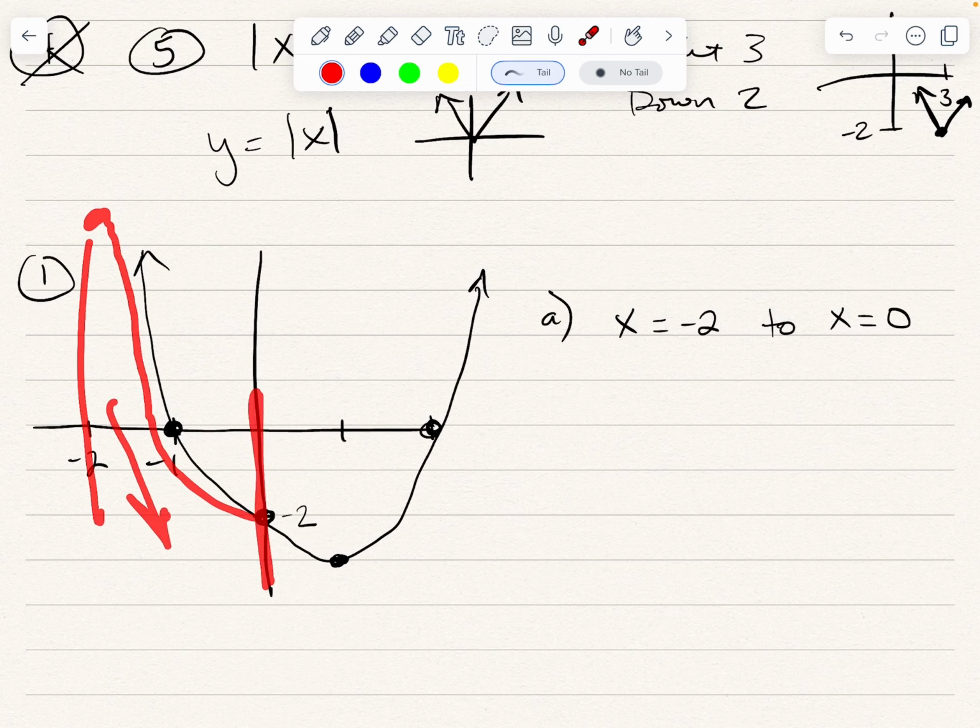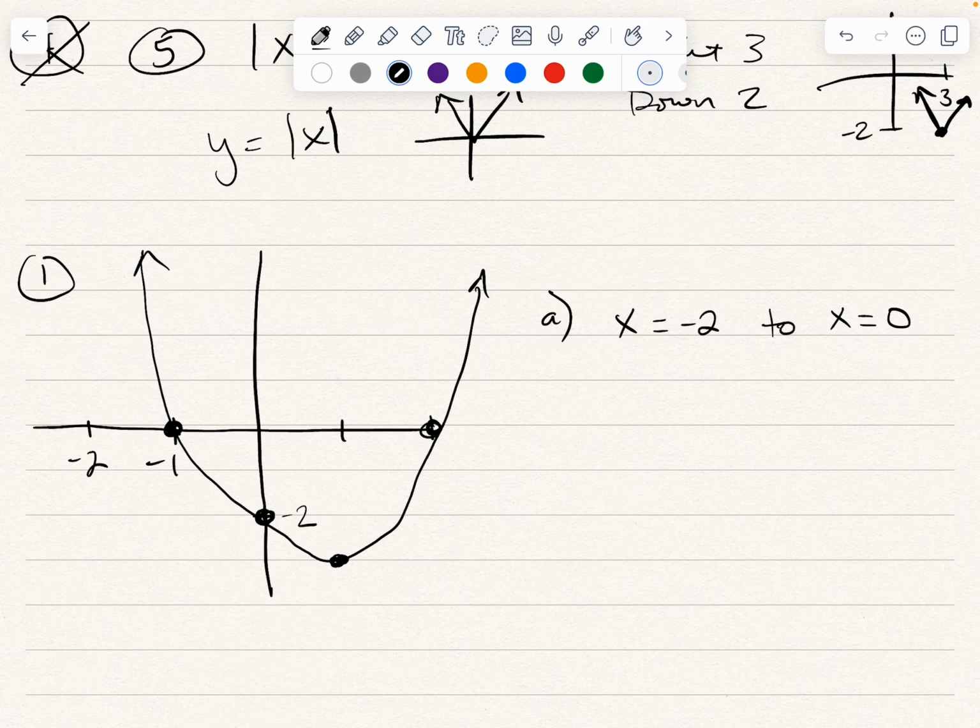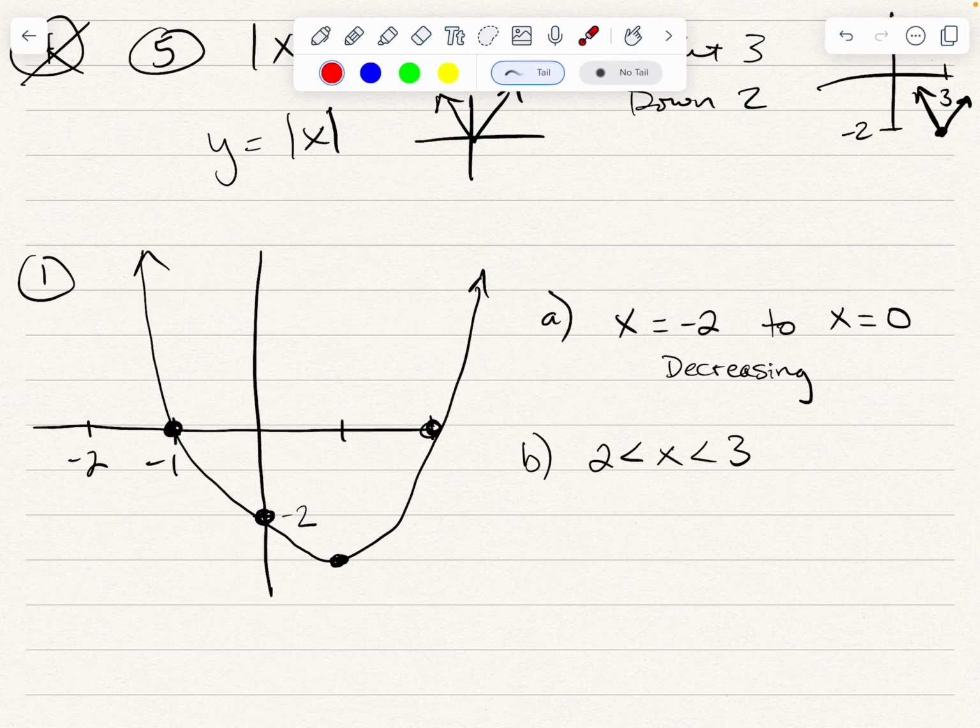That graph is going down, so it's decreasing on that interval. Part B, is the graph increasing or decreasing on the interval from 2 to 3? Here's 2, and going to 3, our graph is going up. That is not decreasing, that would be increasing because the graph is going up there.